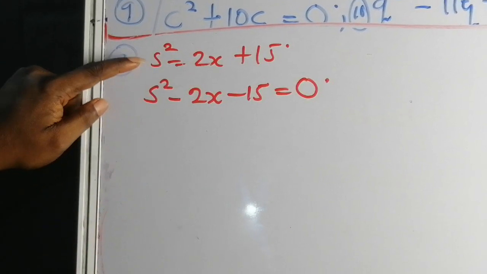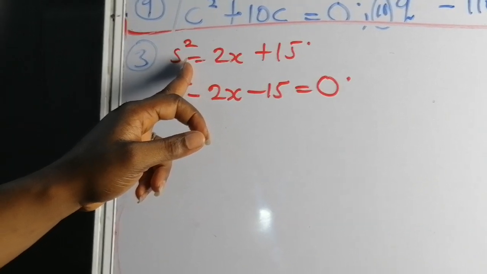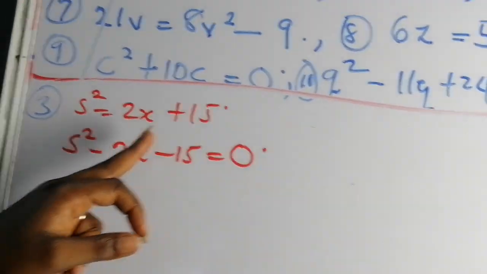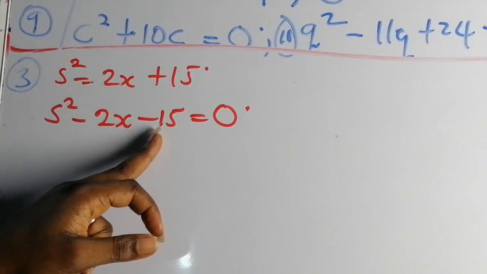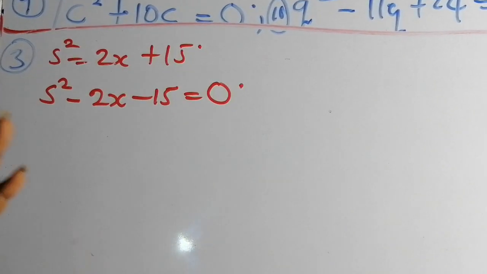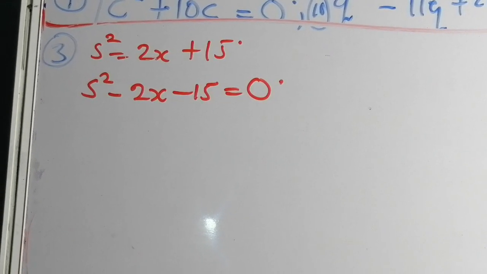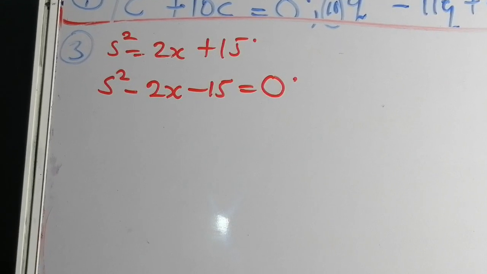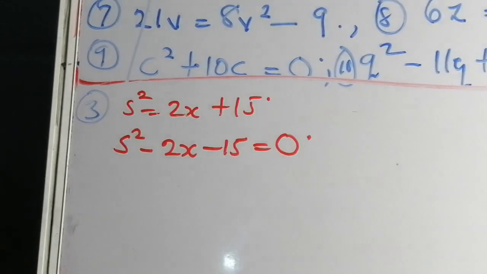So this first one is the same thing as this. Plus 2s is moving to the left hand side, crossing the equal sign, changing to minus 2s, and plus 15, moving to the left hand side, crossing the equal sign, is changing to minus 15, equals 0. Nothing is on the right hand side again. So I now look at two values that can give me minus 2.